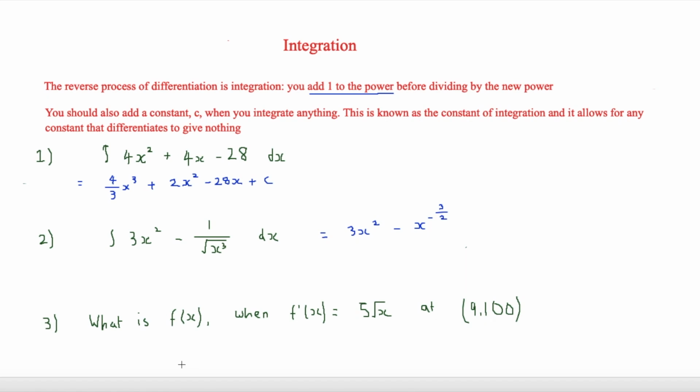So then if we're going to integrate this, the first one's very easy to integrate. You're adding 1 to the power to make it 3, dividing by 3, therefore you've just got x cubed.